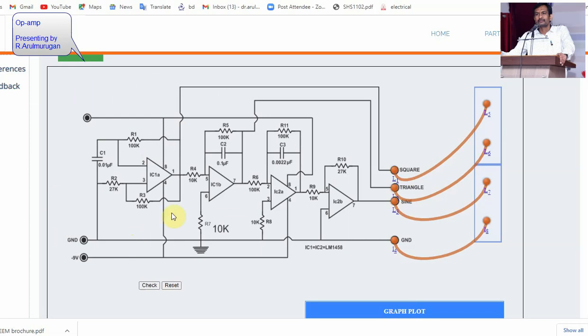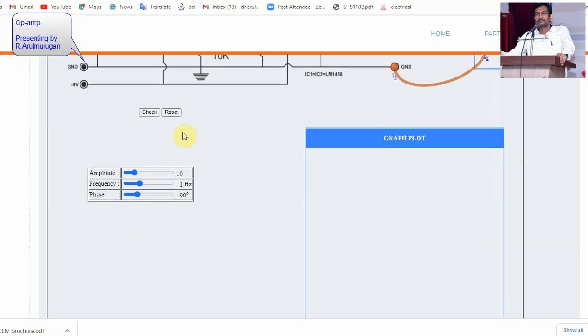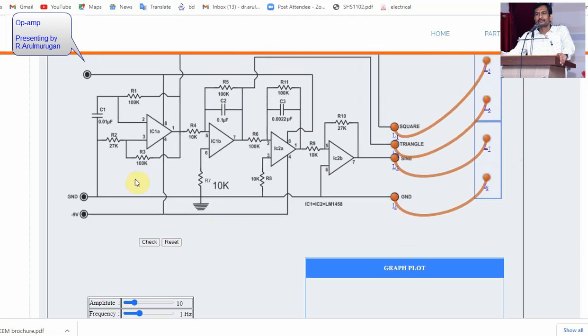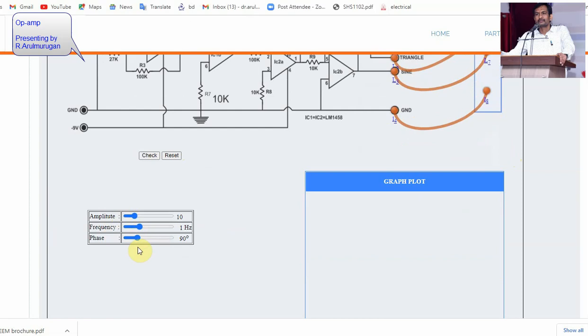So you are going to develop it. Check the connections. Then you set the amplitude, frequency, phase, everything.